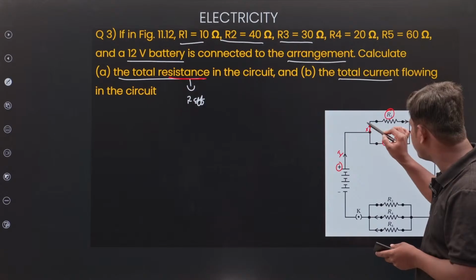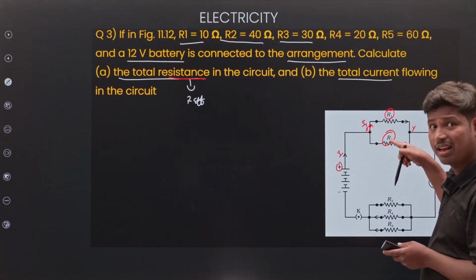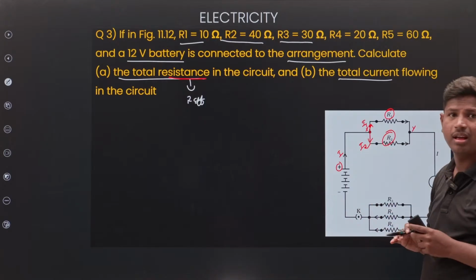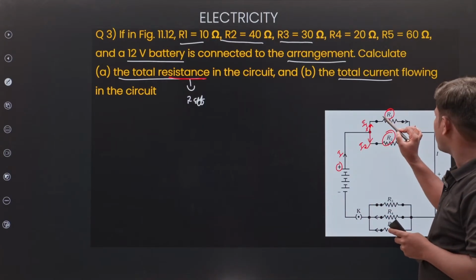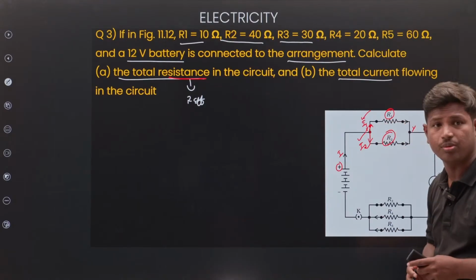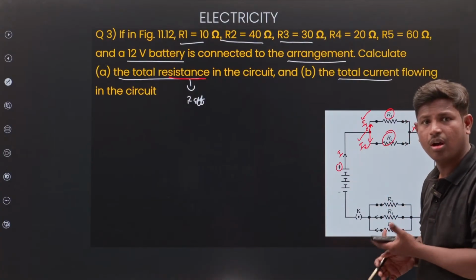R1, R2 are parallel, so current divides into I1, I2. Through R1, I1 is passing. Through R2, I2 is passing.